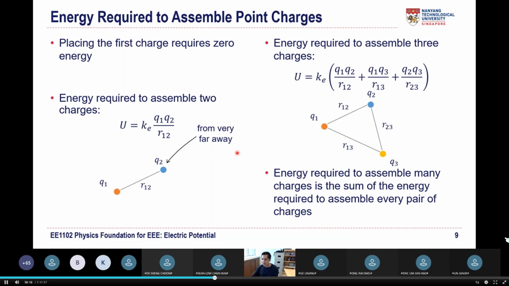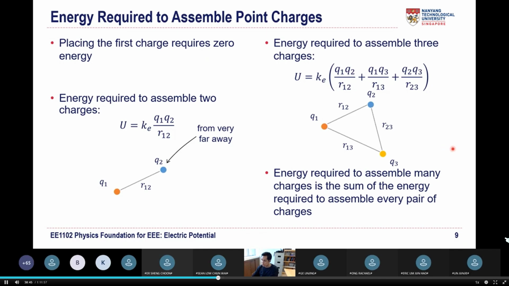Okay. Of course, we can apply the same logic to calculate three charges, and the equation is given by this. So first, of course, bringing in Q1 requires zero energy, but in order to bring in Q2, you need to apply energy that is proportional to this much.